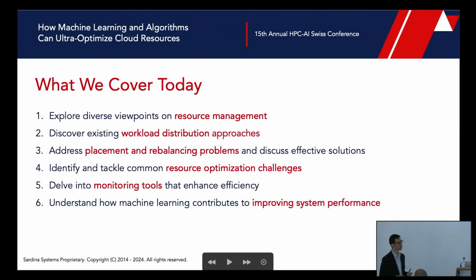I want to touch on the placement problems of workloads, how we rebalance workloads within the cloud infrastructure, and how we optimize resources on the system from an operator perspective. And then we're going to talk about how we increase the reliability of such cloud systems.